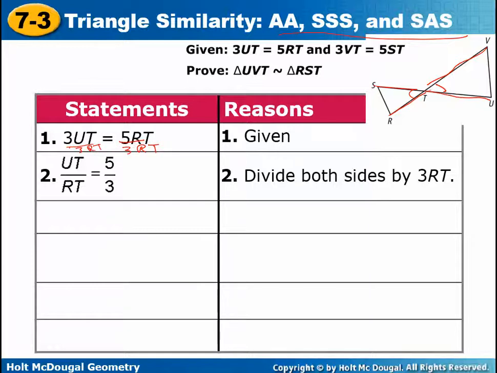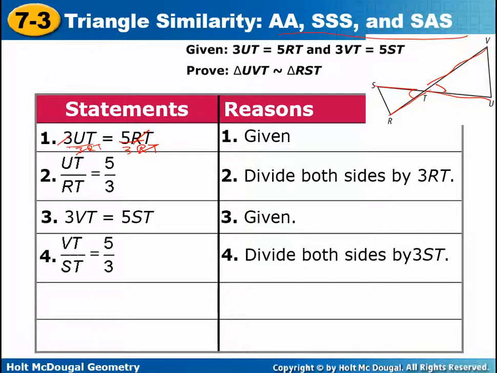And when I do that, I get UT over RT equals 5/3. So that's my similarity ratio. That's going to be helpful. We also were given this, and we're going to do the exact same thing, except we're going to divide both sides by 3ST. And when we do that, we get VT over ST equals 5/3. They both have the same similarity ratio.